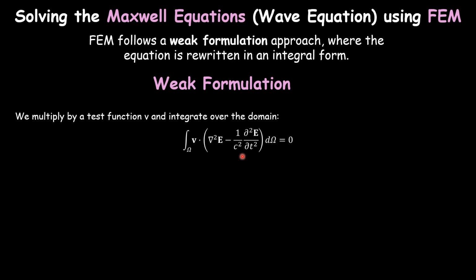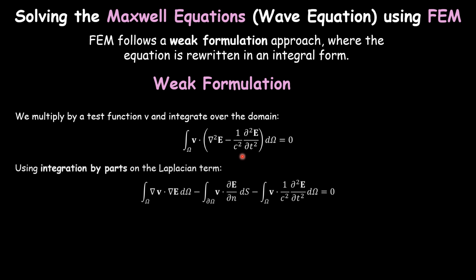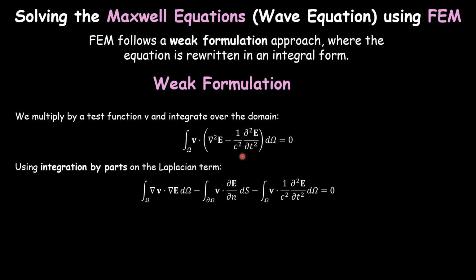One of the reasons for doing that is to reduce the requirement on the derivative of the solution. For example, in the original equation, the solution E requires a smooth solution in a second order space.